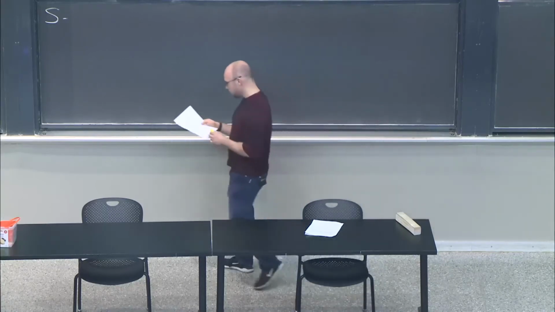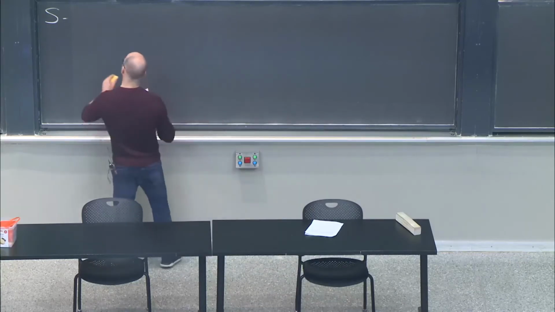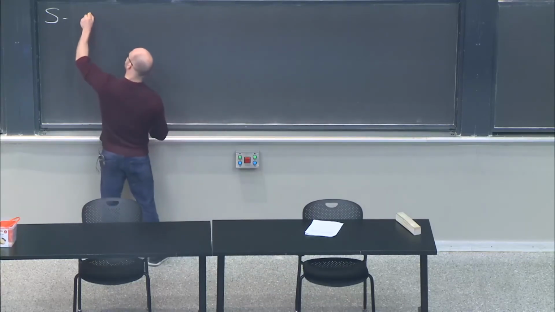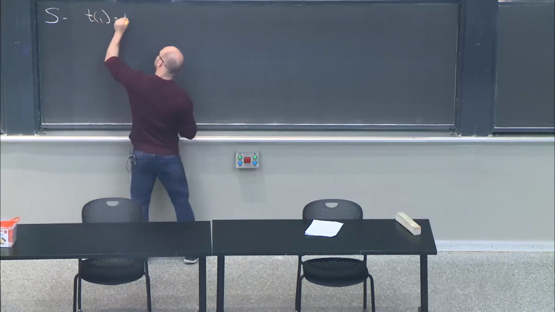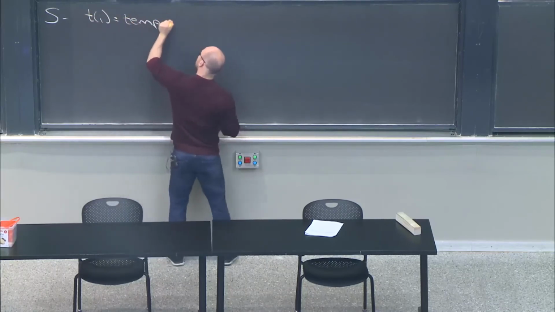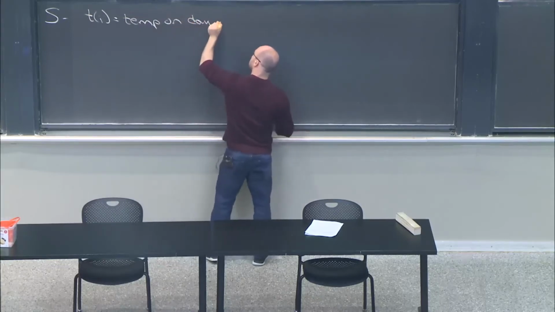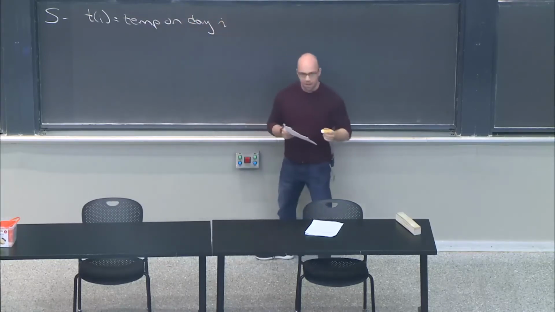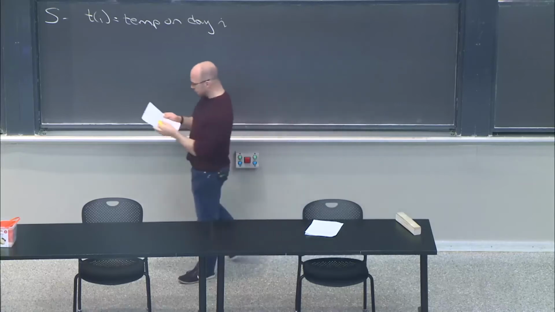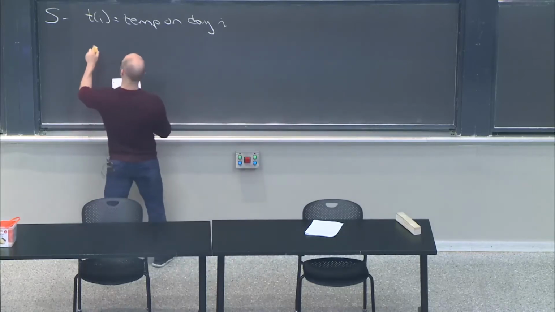Okay, so in particular, just to add a little bit of notation, let's say that T of i is equal to the temperature on day i, okay? And now we're going to make a new thing, which is going to be the actual variable we want to compute.